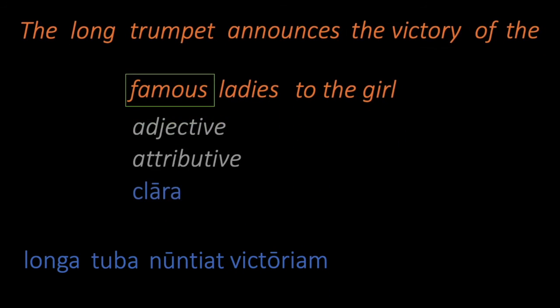Our rules of thumb tell us that of will normally be translated with a form instead of a word, and the has no Latin equivalent, so we'll move right along to famous. It's an adjective expressing an attribute of the word it precedes. The base word meaning famous is clara. Let's look at the word it modifies to determine its form.